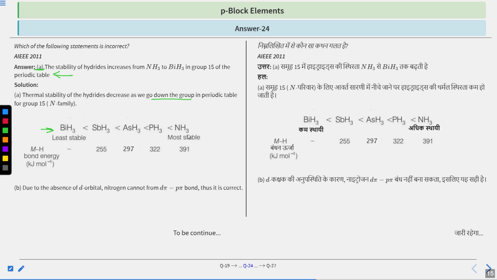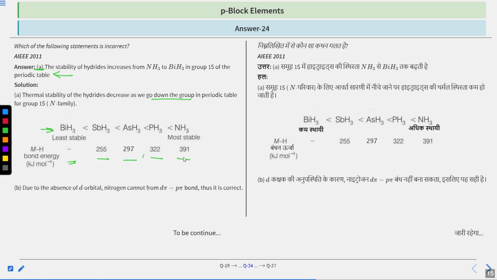Down the group, the most stable hydride is NH3, and the least stable is bismuth hydride. The M-H bond energy is 391 in NH3, 322 in PH3, 297 in AsH3, 255 in SbH3, and BiH3 is even smaller.